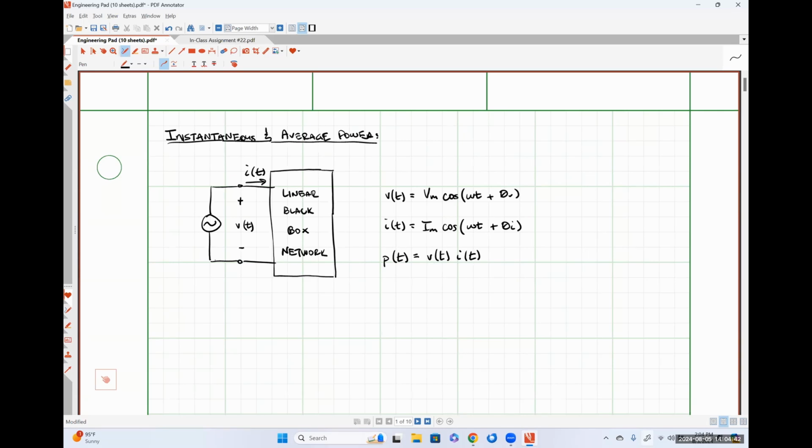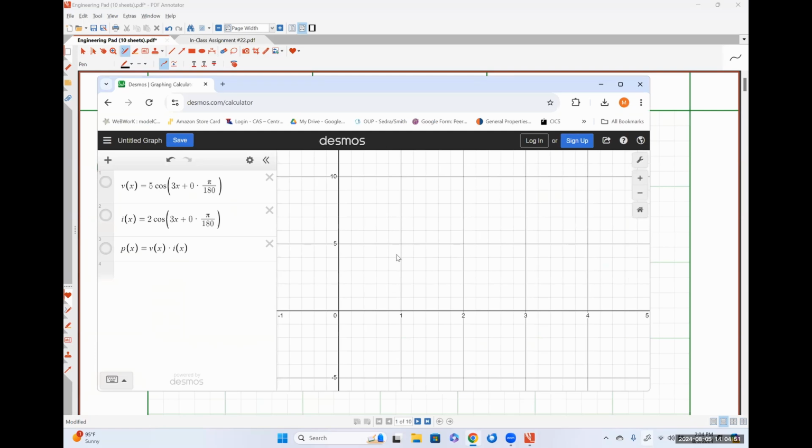So what I've done is I have introduced a couple of signals on Desmos. Hopefully you guys can all see the Desmos thing that I've pulled over. Somebody give me a phase angle between 0 and 90 degrees, please. 30.